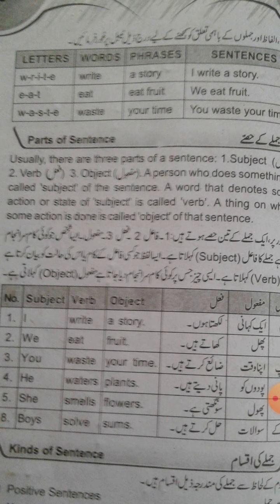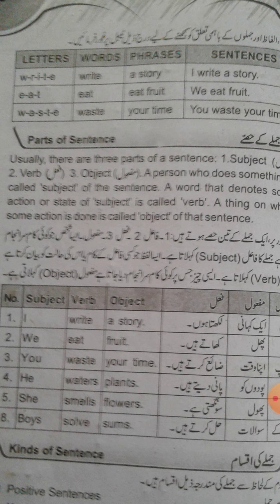Now we will shift to vowels and consonants. These are more types of letters, vowels and consonants. I have already told you that there are 26 alphabets, 26 letters, in the English language. 5 letters are called vowels, A, E, I, O, U. These are called vowels, and the remaining 21, B, C, D, F, G, H, J, K, etc., are called consonants.